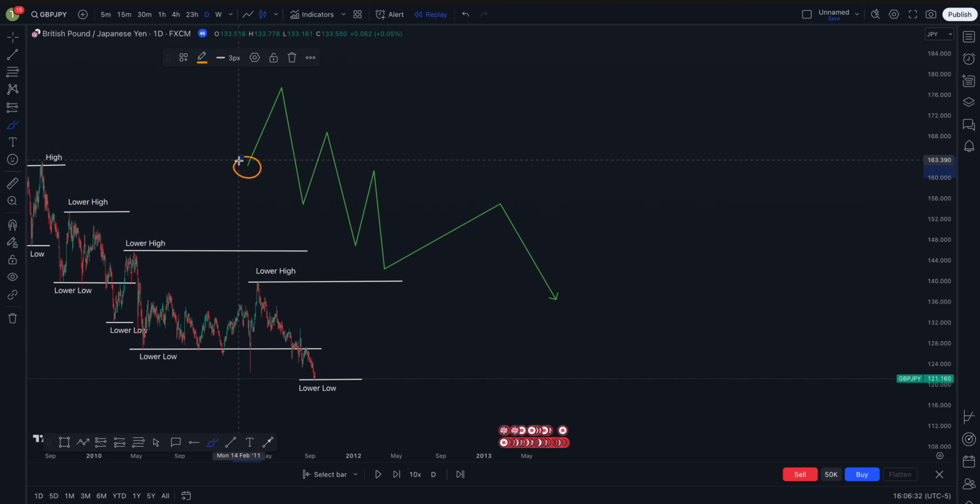A low. Let me put this in red. A low, a high, a lower high, a lower low, sorry, a lower high, lower low, and a lower high, lower low, lower high, and lower low.